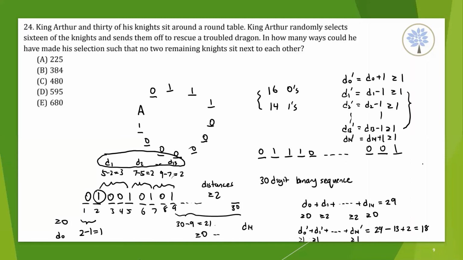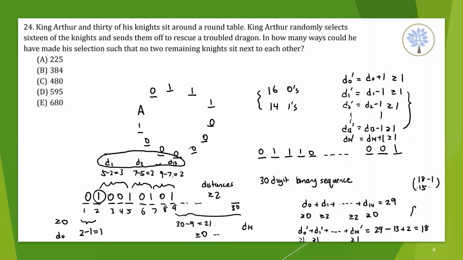And so by stars and bars, the number of ways to pick d0 prime through d14 prime is going to be 18 minus 1, choose 15 minus 1, since there are 15 distances in this case.